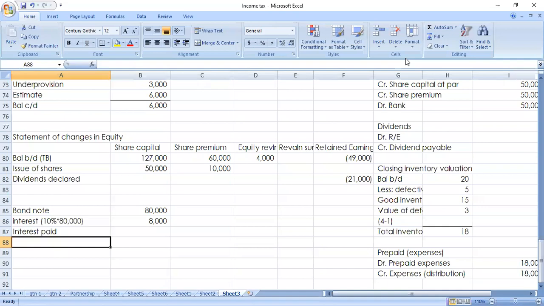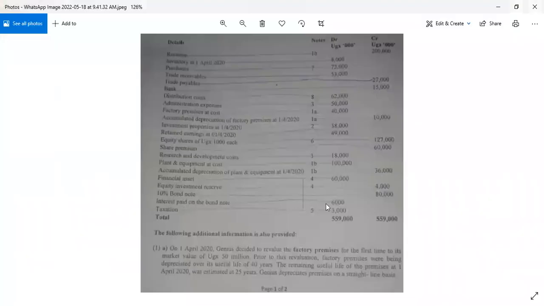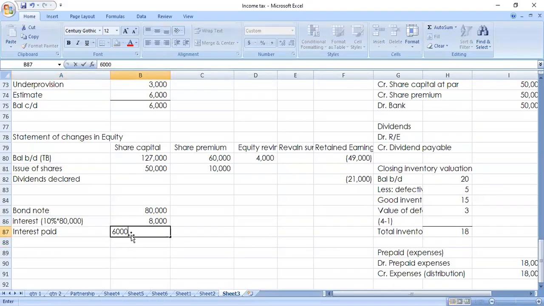The interest paid on the bond was 6,000. This is what they paid, 6,000. You debit interest, credit bank or cash. How about the balance of 2,000? This is how we end up with the balance of 2,000: 8 minus 6.